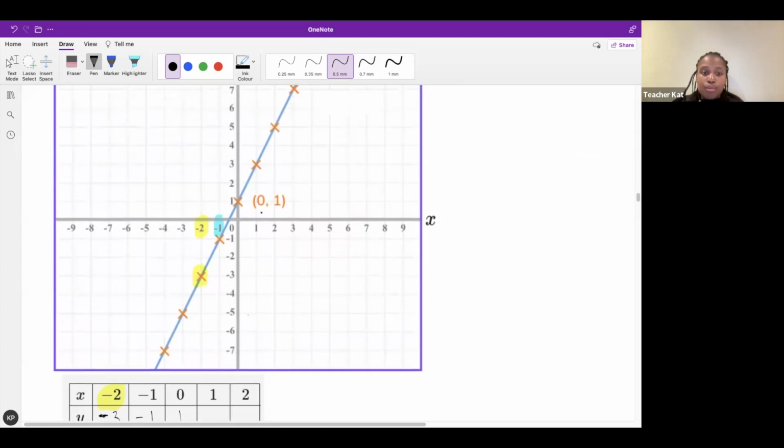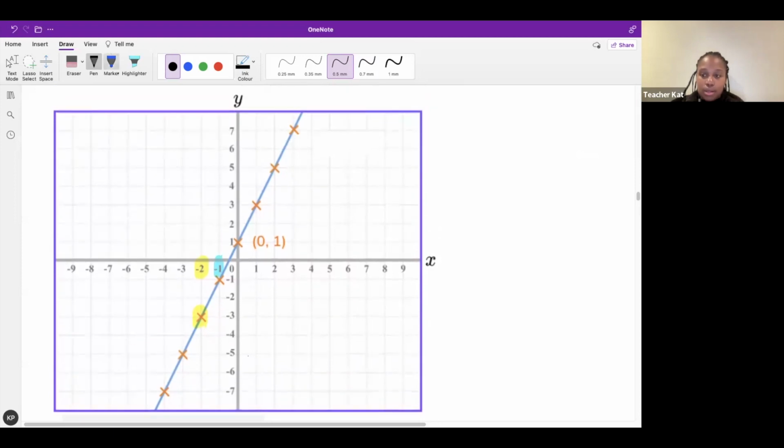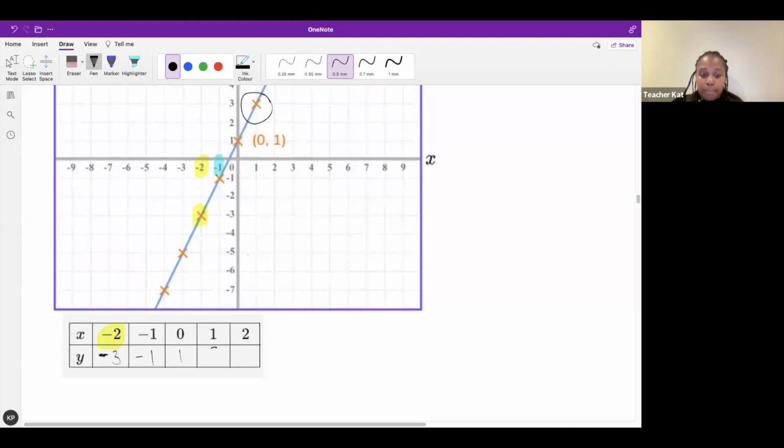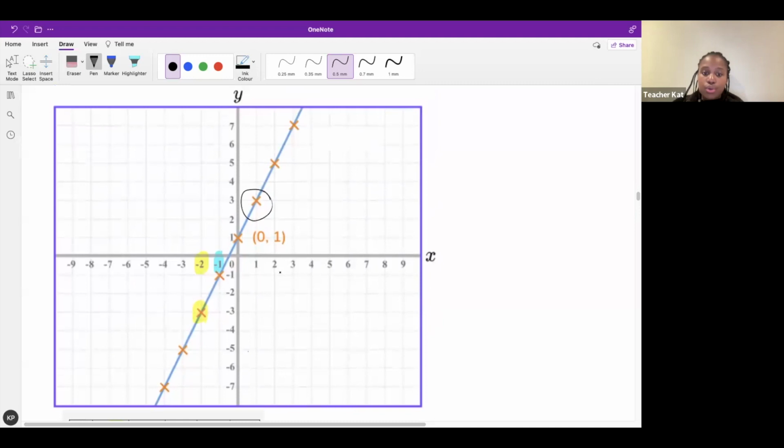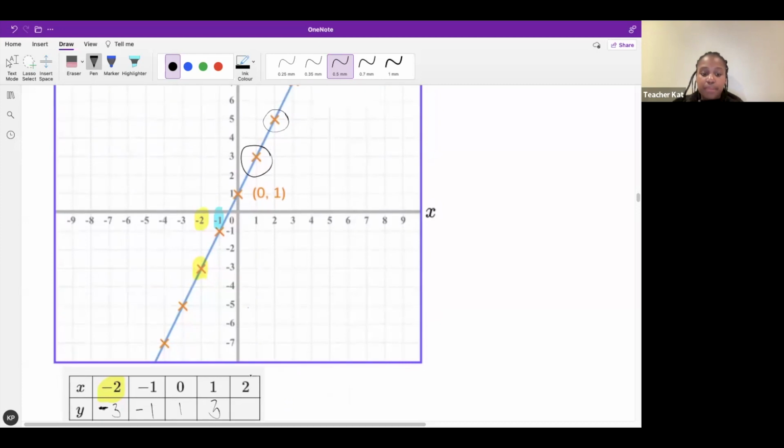For my input of 1, my output is 3. It's this point over here. And finally, for my input of 2, my output is 5, which is over there.